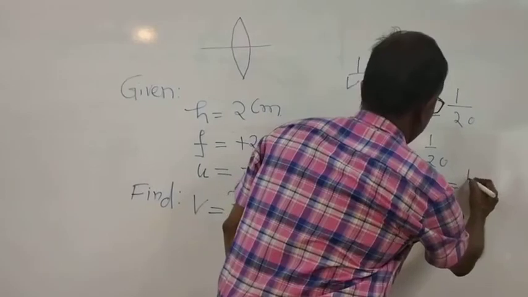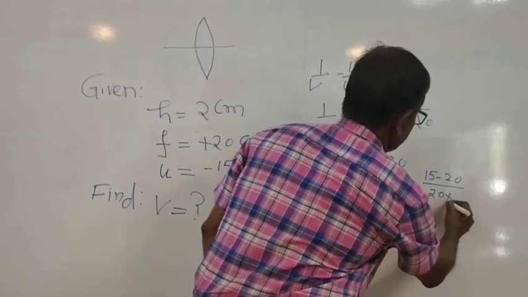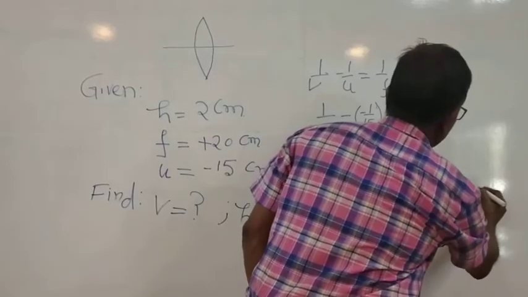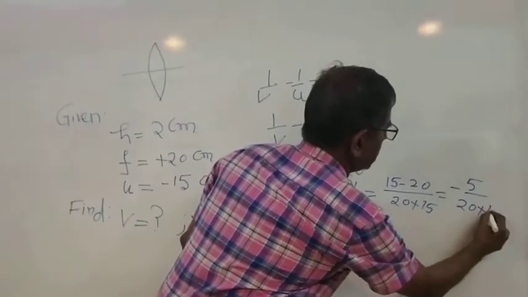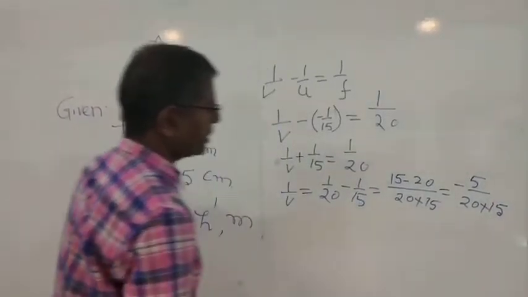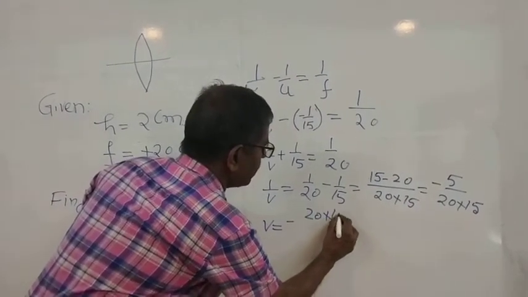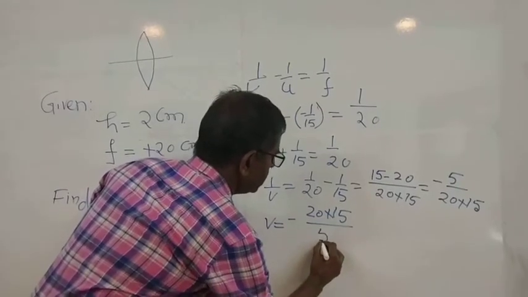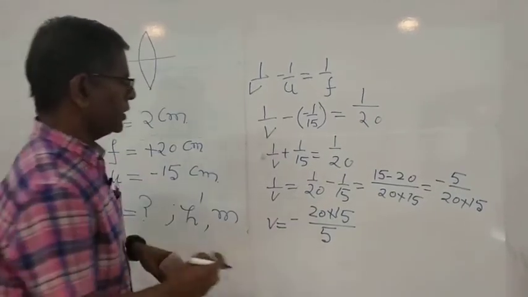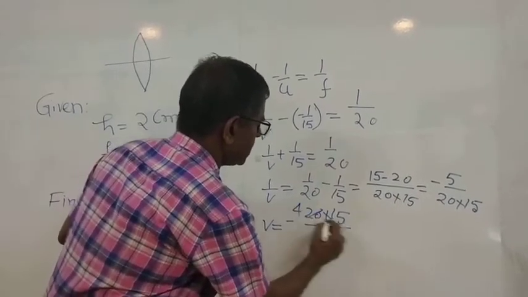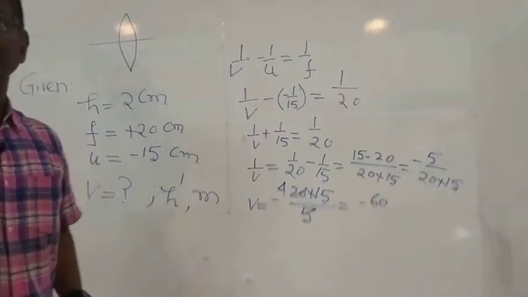This becomes 15 minus 20 divided by 20 into 15, so this becomes minus 5 by 20 into 15. So V is equal to minus 20 into 15 by 5, which becomes minus 60.